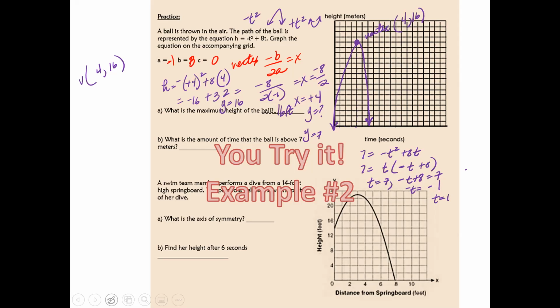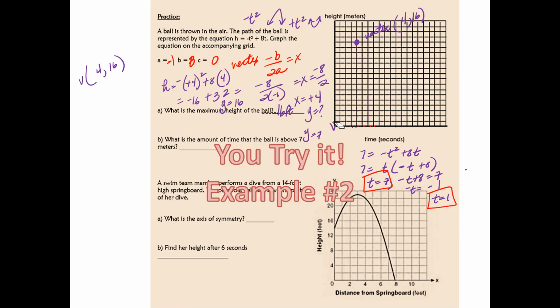So what that means is that when t is at 7, so 1, 2, 3, 4, 5, 6, 7, the height of the ball is going to be 7 meters. And then also it's going to be at 7 when t equals 1.